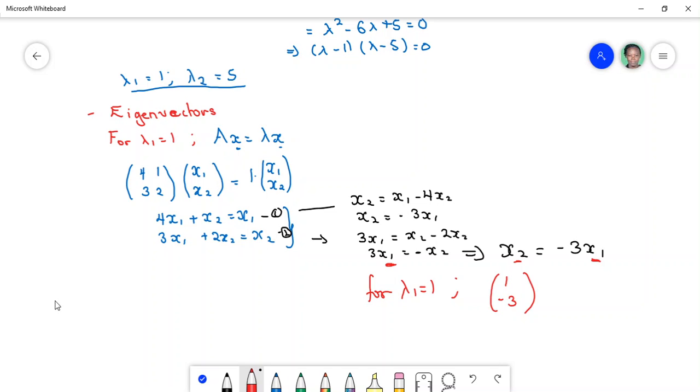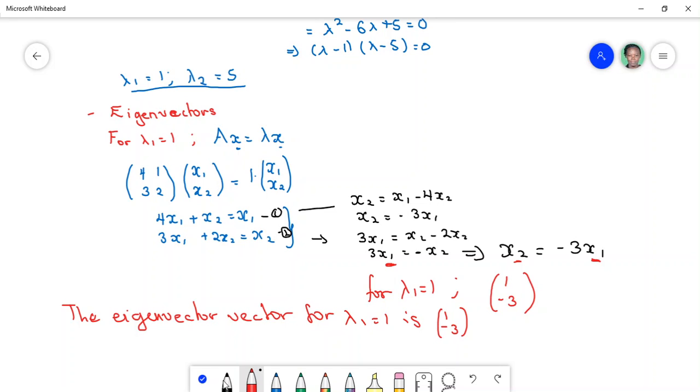So I can conclude that the eigenvector for lambda 1 equal to 1 is 1, minus 3.